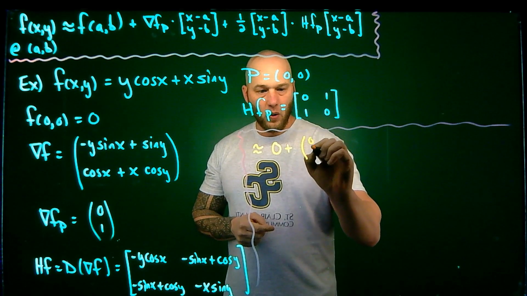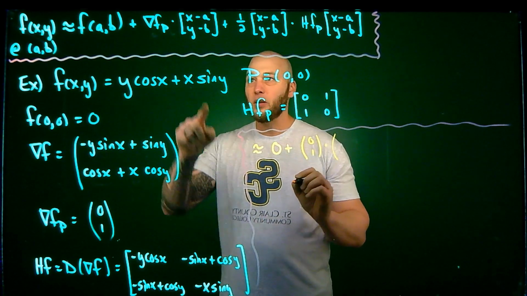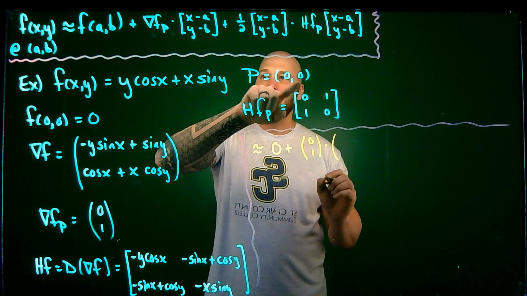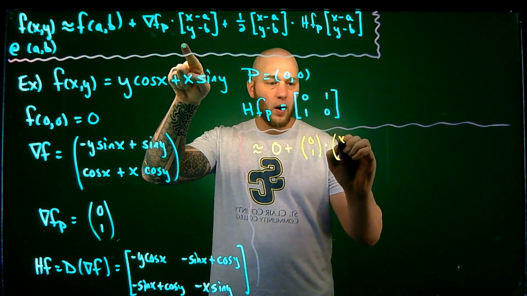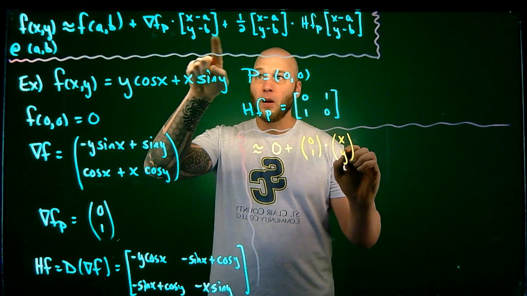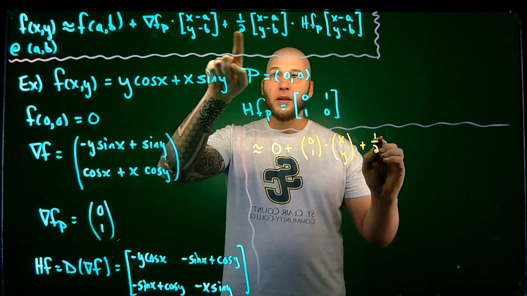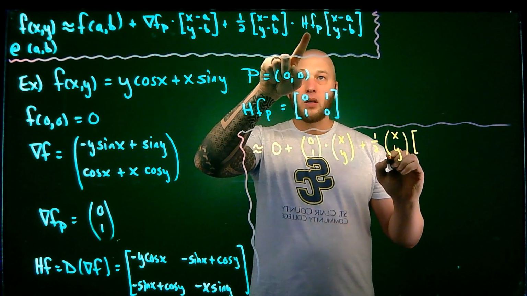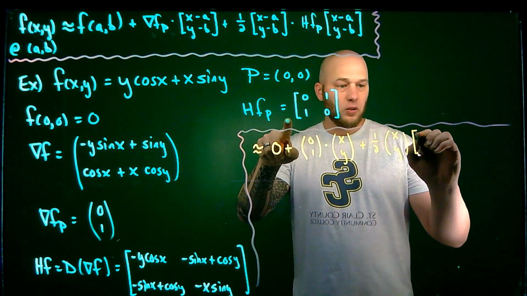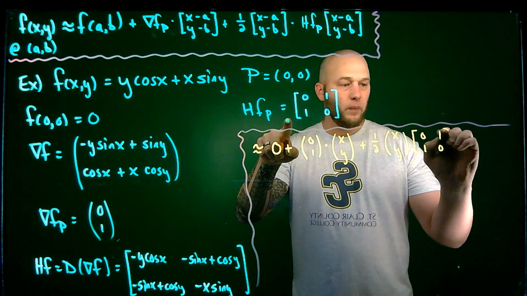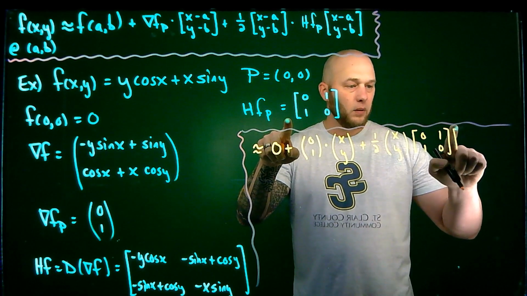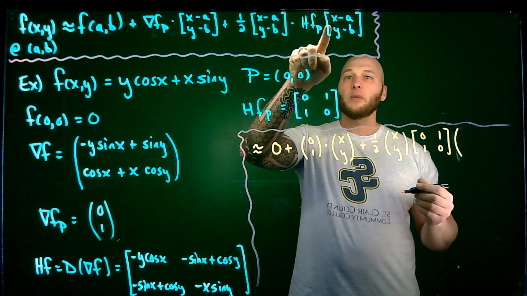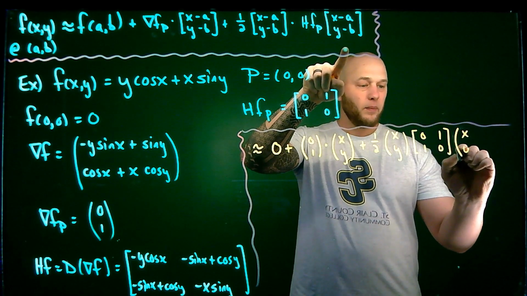So I'm going to take 0, 1, and then dot product that with x minus a. Remember, the point P is 0, 0, so a is 0, b is 0. That means this vector would be x, y, plus 1/2 times the vector x, y times the matrix of the Hessian, which was 0, 1, 1, 0, multiplied by x minus 0, y minus 0, which should be x, y.